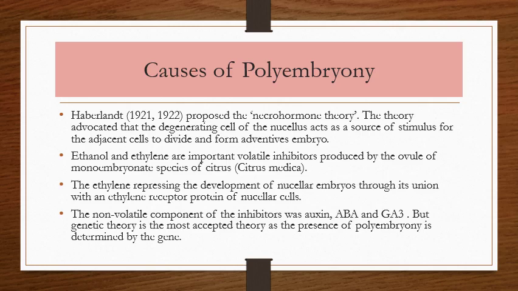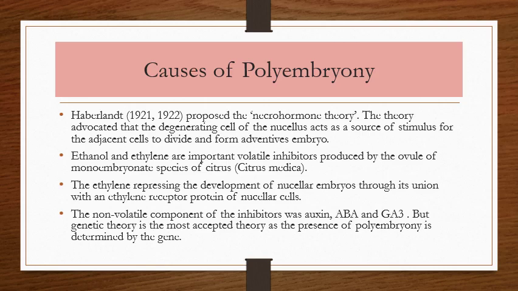The monoembryonate condition in some species of citrus has been described through the synthesis and release of certain volatile and non-volatile embryogenic inhibitors in their ovule, which do not occur in the ovules of polyembryonate species.